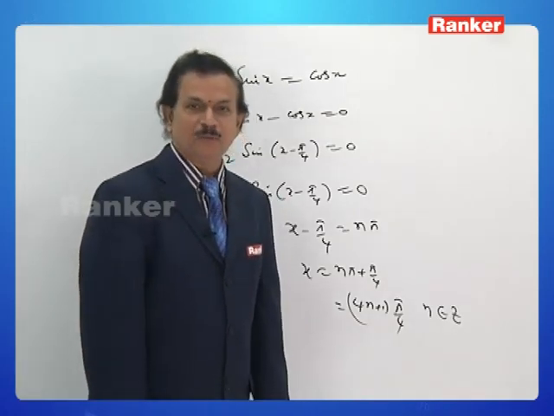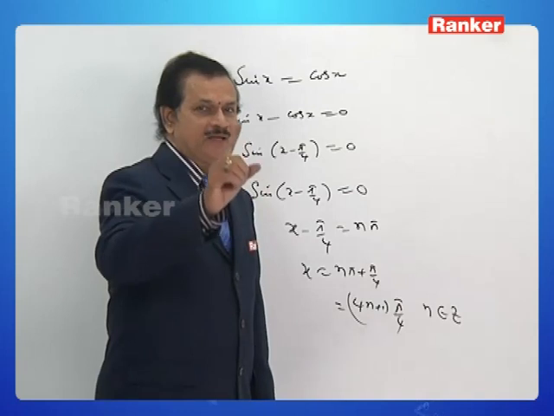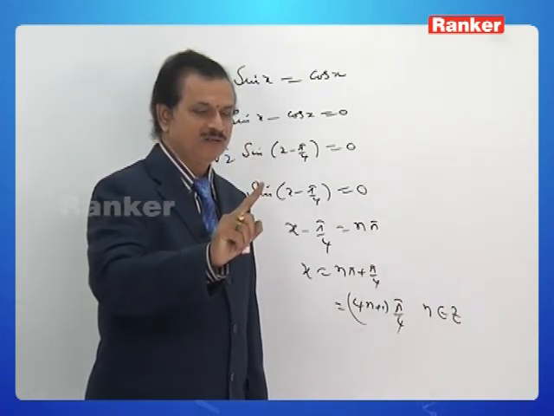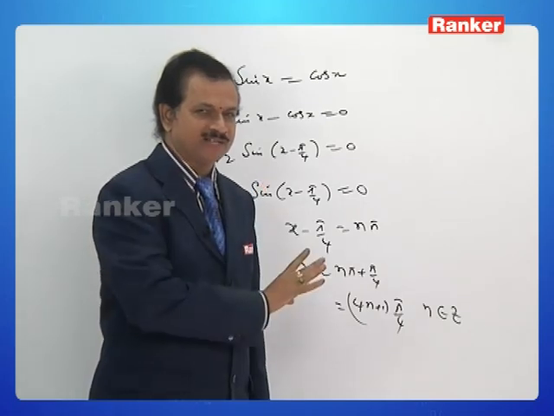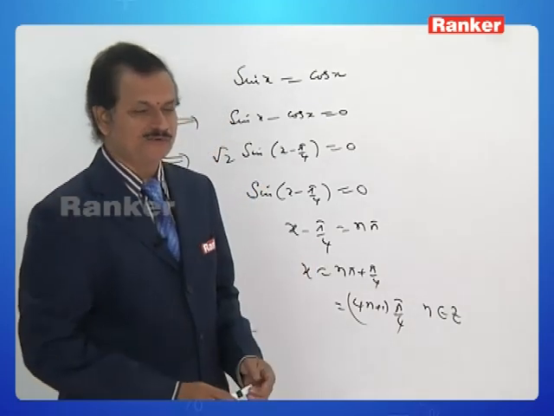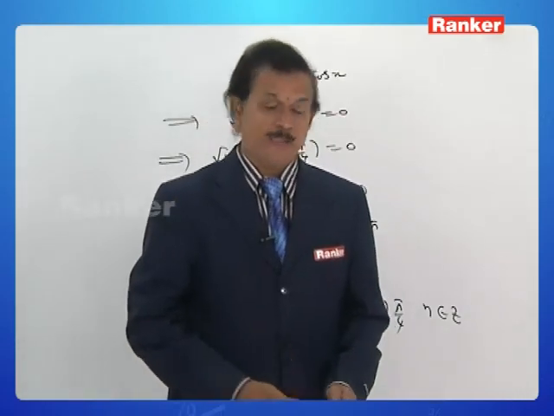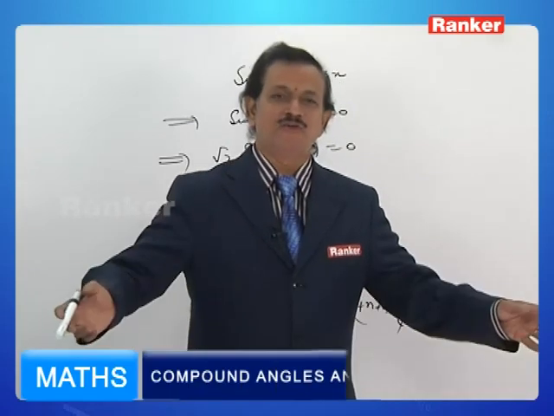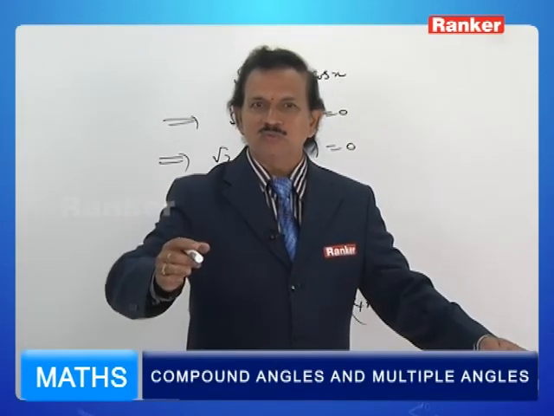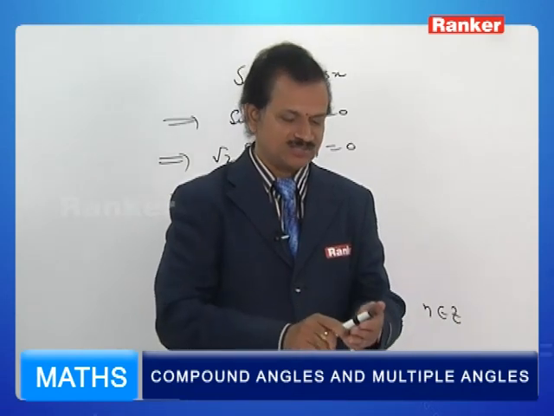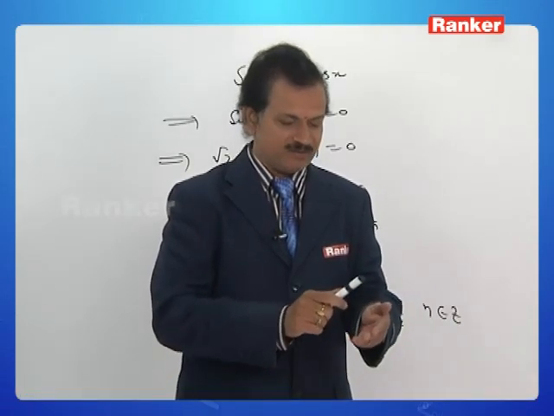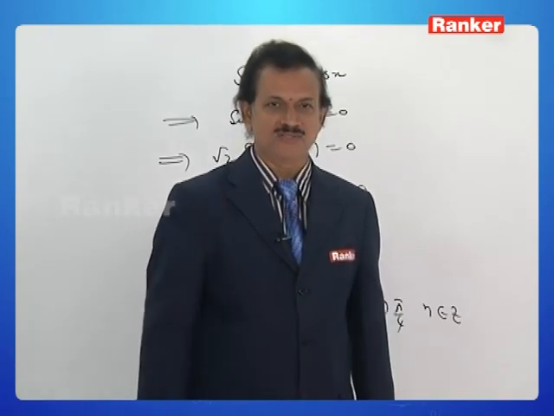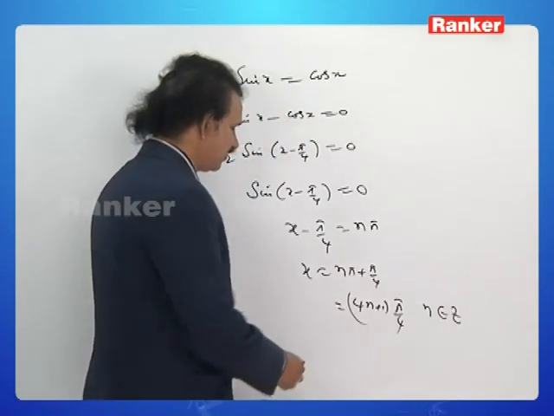This is the concept. Well, my dear, by making use of sin of a plus b and sin of a minus b, we could have written sin x minus cos x as root 2 into sin of x minus pi by 4. By making use of that, we could have known the interval in which sin x is less than cos x, the interval in which sin x is greater than cos x, and the interval in which sin x is equal to cos x. This is the most useful information, my dear.